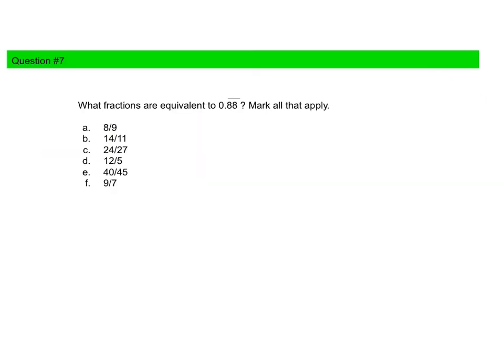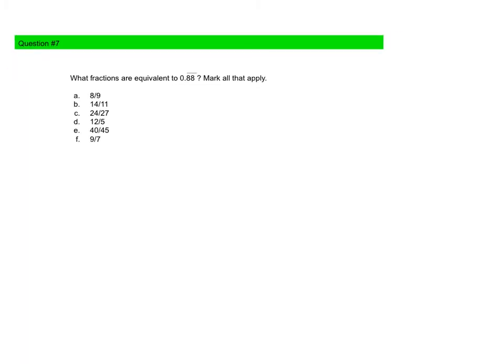For number 7, it says what fractions are equivalent to 0.88 repeating. So I'm just going to turn all of these fractions into decimals. It might take a while because we have to do it by hand, but it's a process that you know how to do. I'm going to start with my first one, 8 over 9. This is the same as saying 8 divided by 9. 9 does not go into 8, so I put a 0 and a decimal. 9 goes into 80 8 times, which is 72.